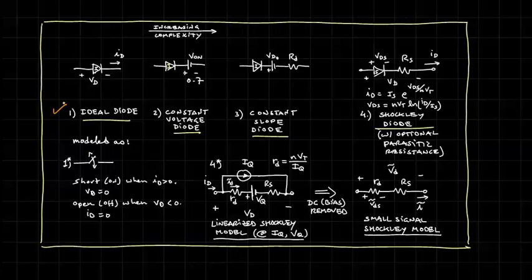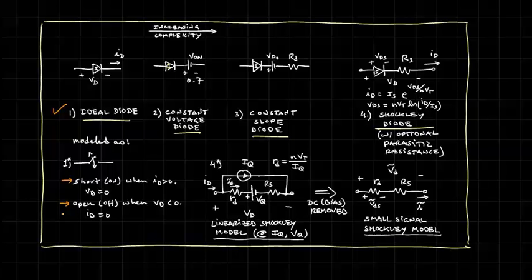It's either a short or it is an open, and the conditions are, if the current flowing through the diode is positive, then it's a short, and the voltage across it is 0 at that point. And if the voltage across the diode is negative, then it is open and there is no current. It is the most ideal diode model that we can use.